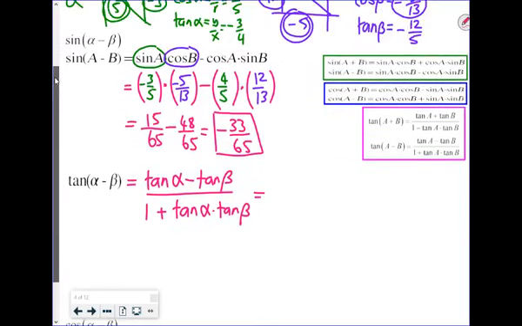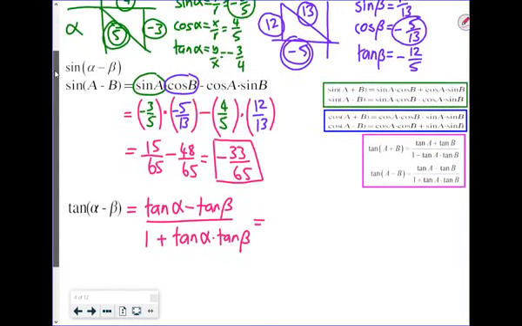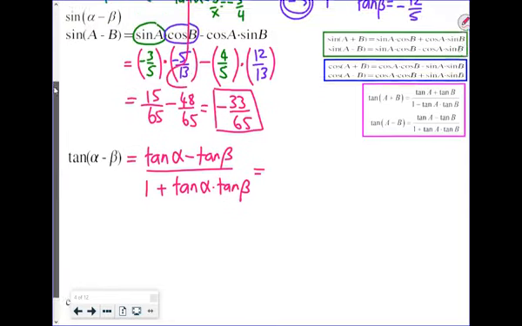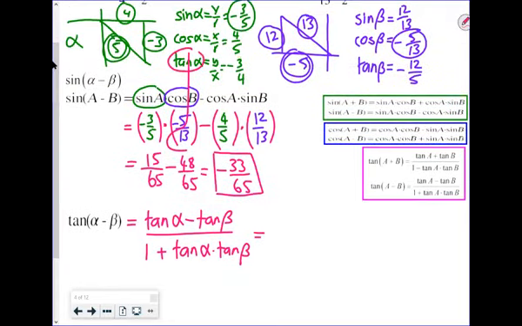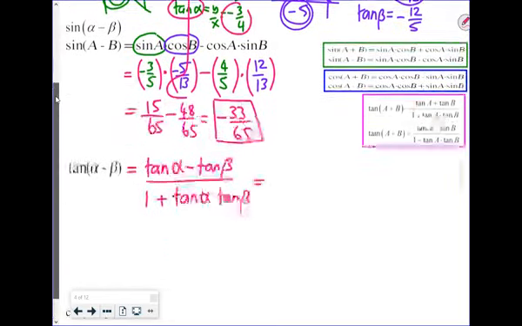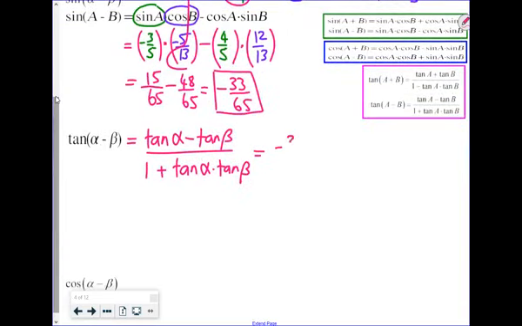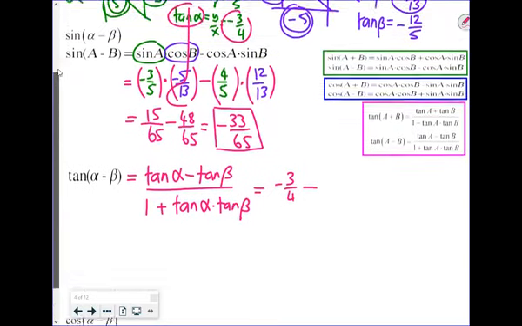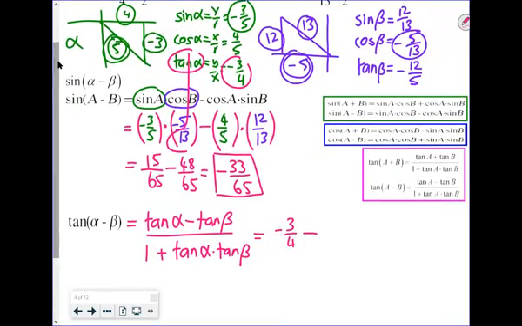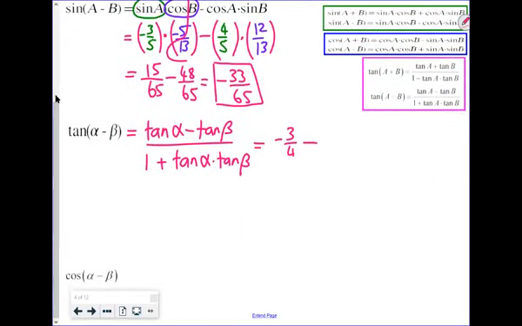The tangent of alpha is negative 3/4. Minus tangent of beta. Be really careful with all these negatives. Negative 12/5. Subtracting a negative. Then I've got 1 plus multiply.